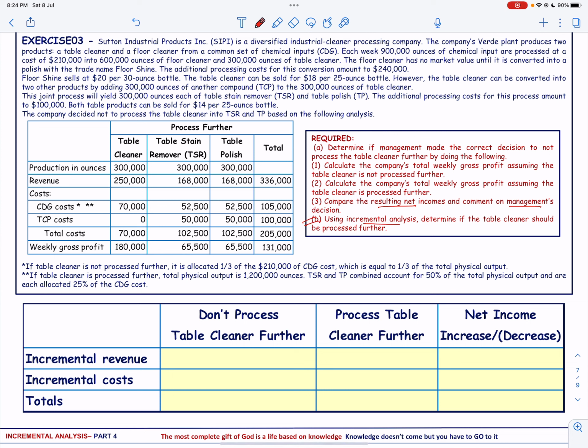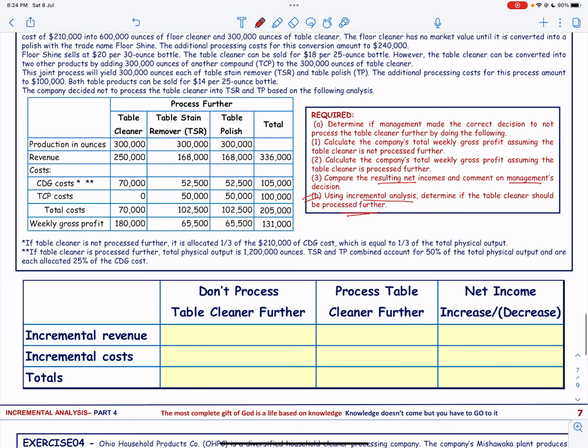Using incremental analysis, determine if the table cleaner should be processed further. And for this, we are going to look into the incremental revenues and incremental cost. And that will be both if we don't process it and if we process it further.